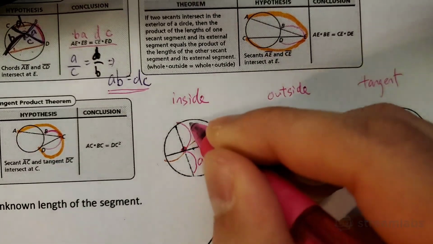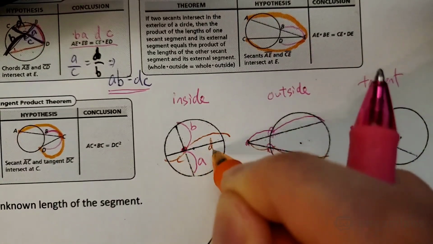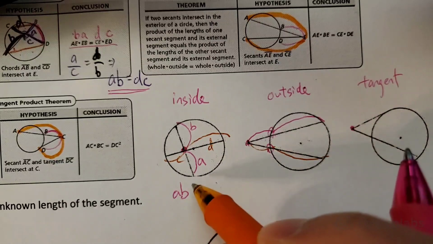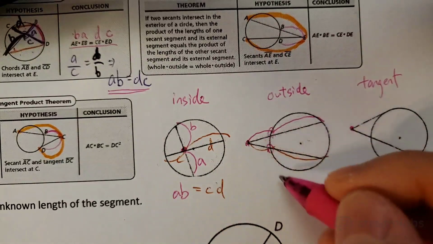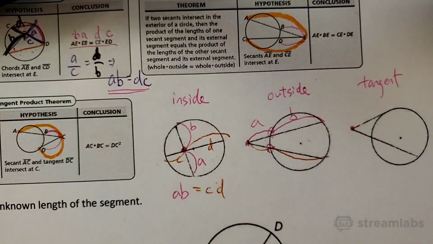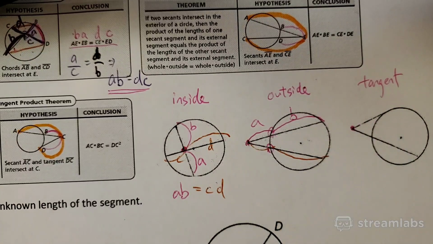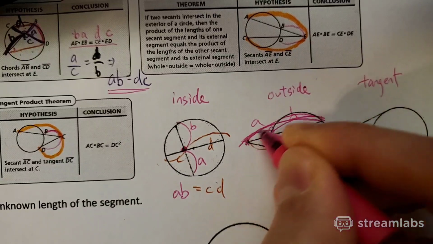Let me put it here. A, B, C, D. So AB equals CD. Oh, sorry. Time out. I did it wrong here. It's A, the whole thing is B. My mistake.